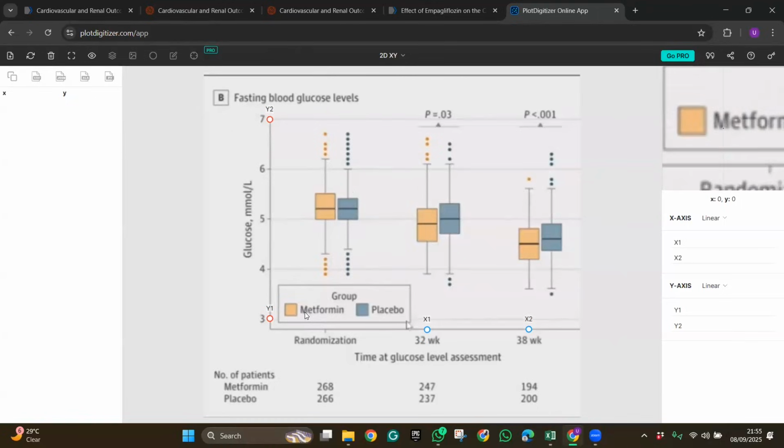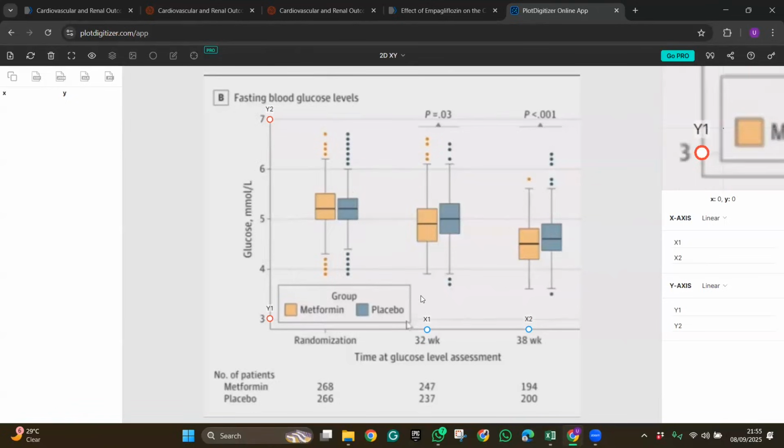And I have to find the blood glucose level for the metformin group at week 32. Let's say the rest of the studies have reported an outcome of blood glucose level for the metformin group at week 32. But this particular study did not report the outcome in the form of a table, and it gave me a graph. So I will take this graph, place it in the plot digitizer, and extract the values using plot digitizer.